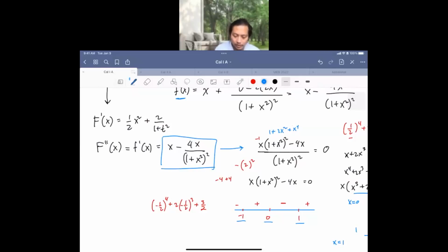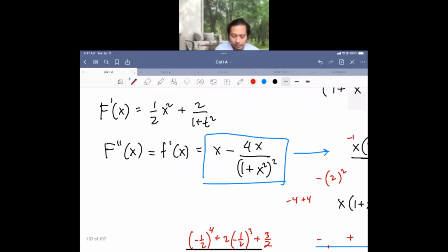Actually, we could also figure this out from trying some numbers: 0, 1, right? We check 0, it's 0. We check 1, it's also 0, right? And we check negative 1, it's also 0. So we could also guess the numbers from this fraction.